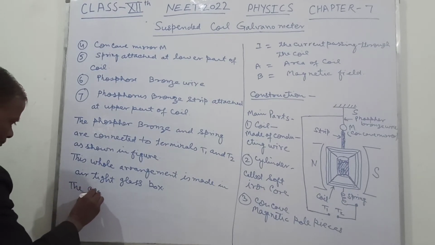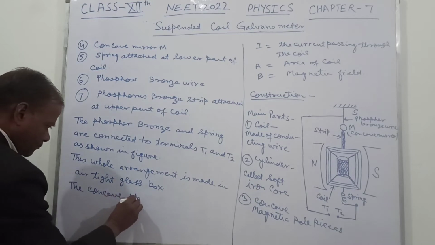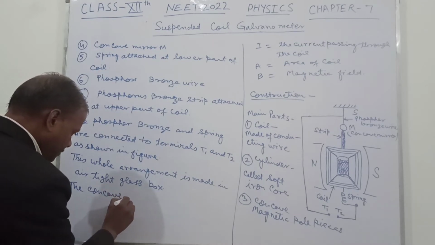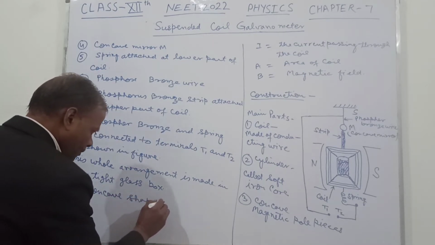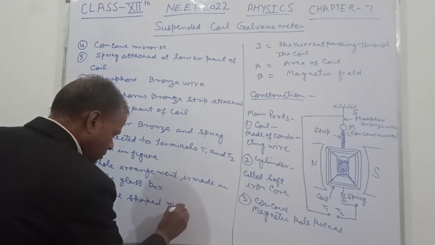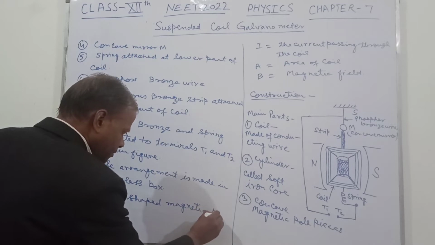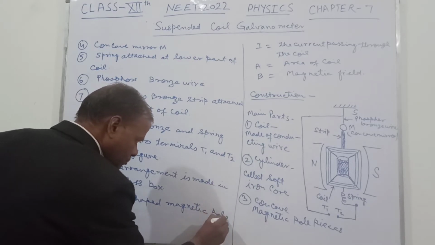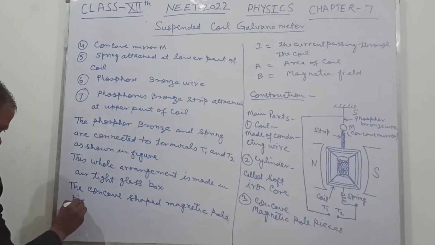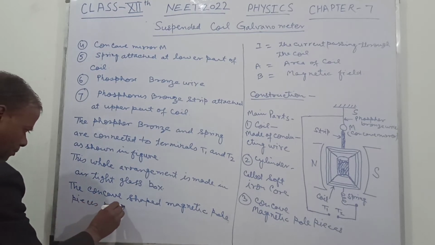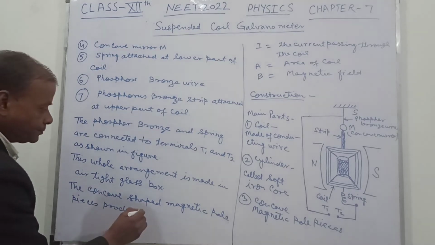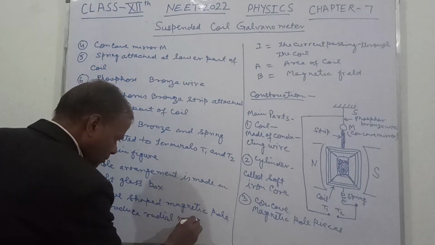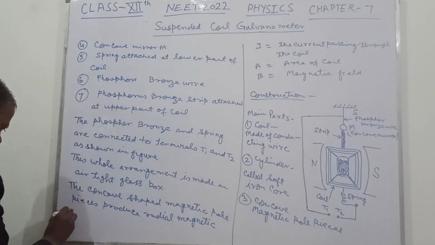The concave shaped magnetic pole pieces reduce radial magnetic field.